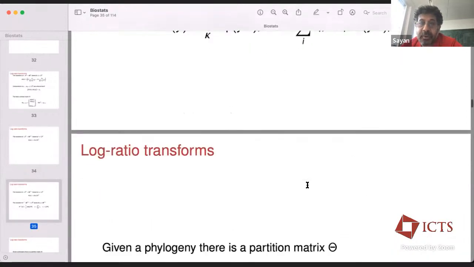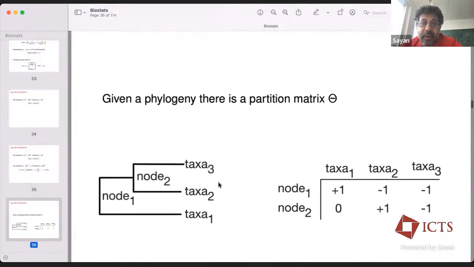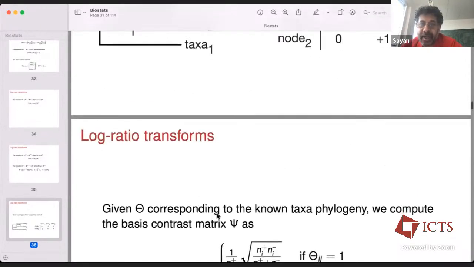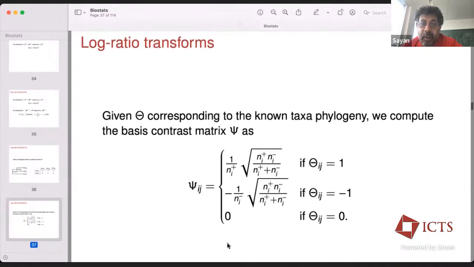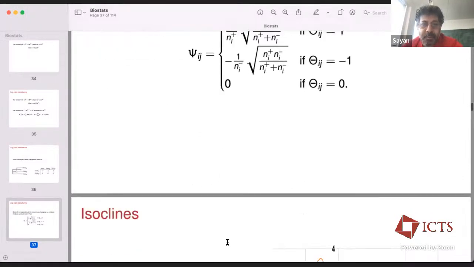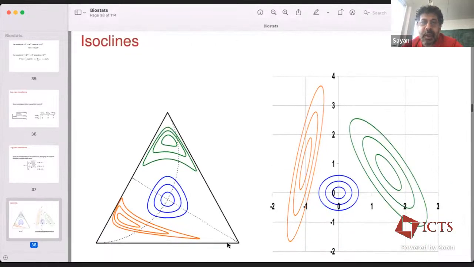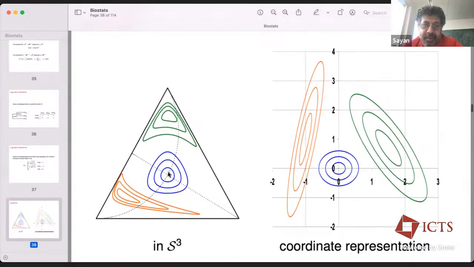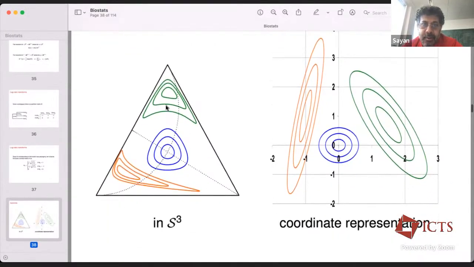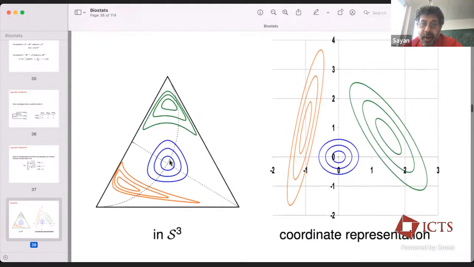What we can show is that if you give us the taxa, the phylogenetics, we can give you an algorithm to generate the phis, and now you have an orthonormal system. That's what lets us take these isoclines on the simplex into a Gaussian.